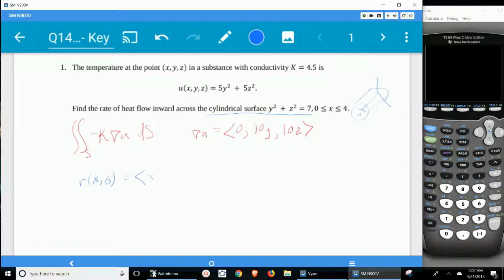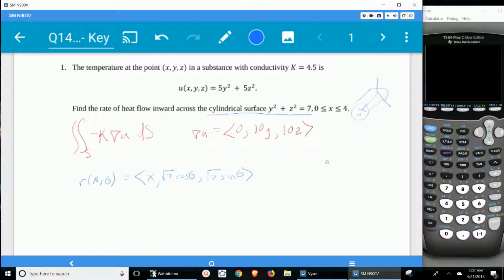So the x component is free, and since this is a circle of radius 7, I'm going to use this to be the cosine and this to be the sine, because it's the vertical. So radius cosine theta, radius sine theta.